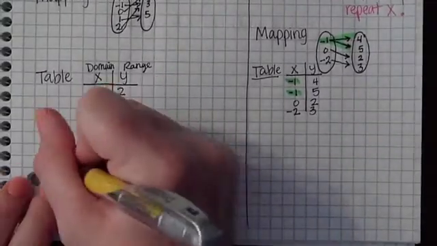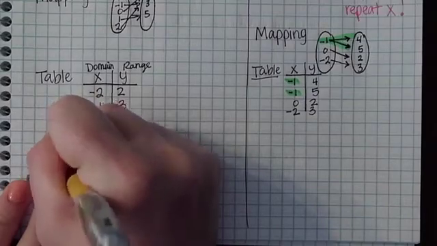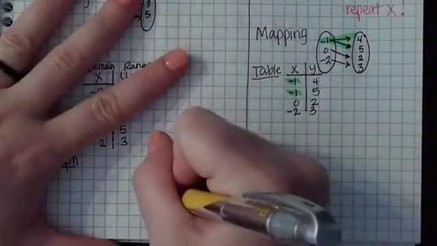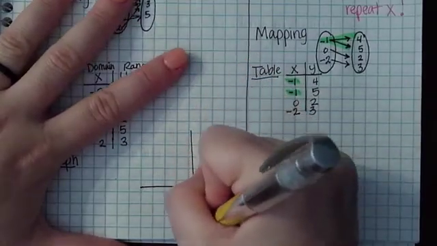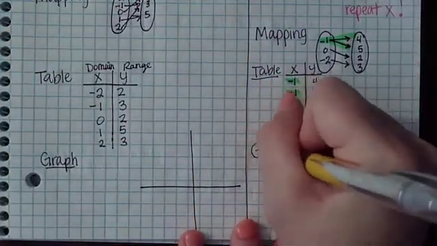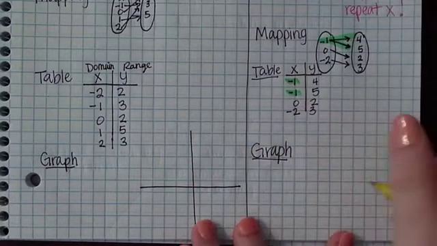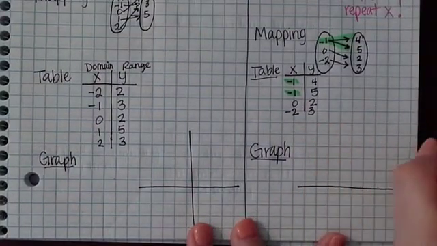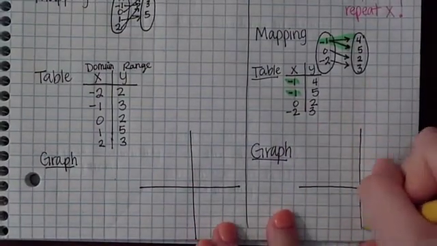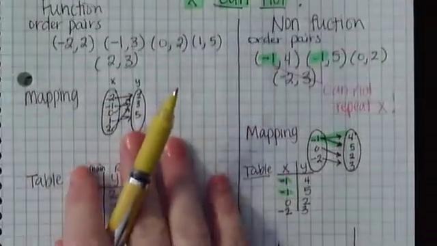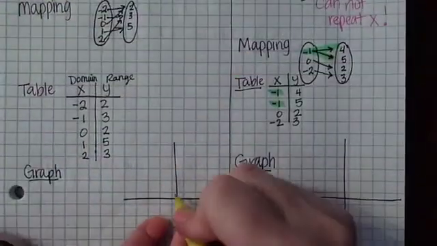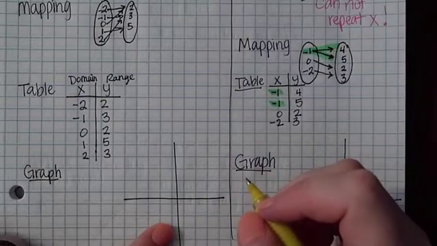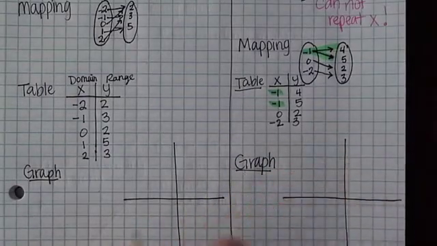Okay, last part is our graph. Okay, so I'm going to take those points. Remember, it's x comma y. So I'm going to go over to -2. Oh no, I did not put my line in the middle. Goodness gracious.